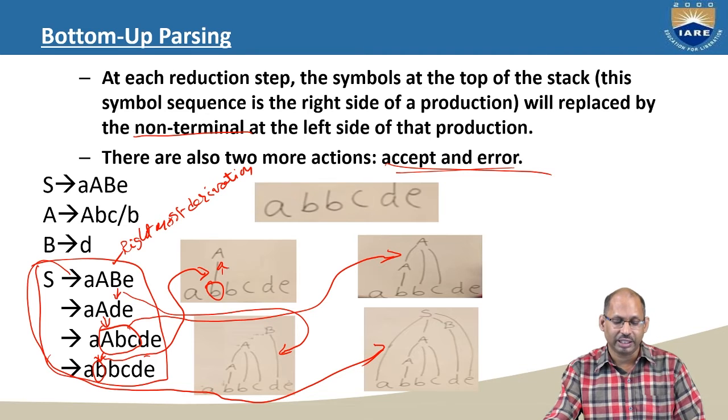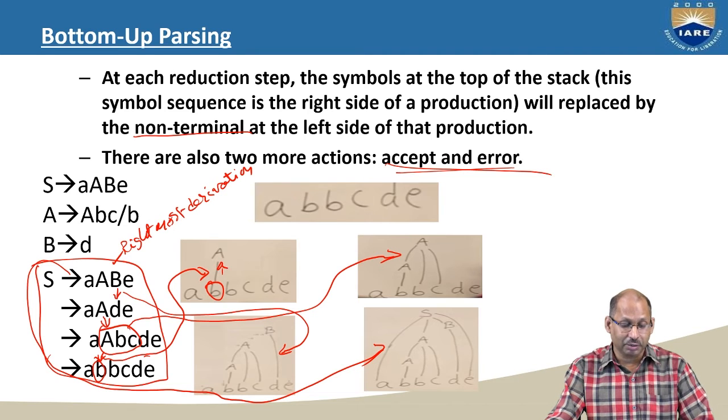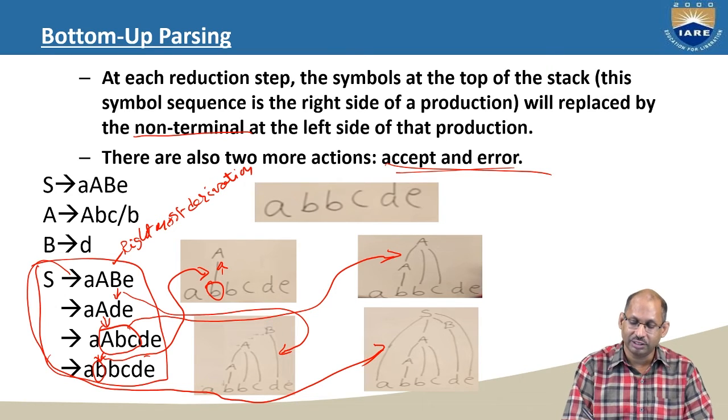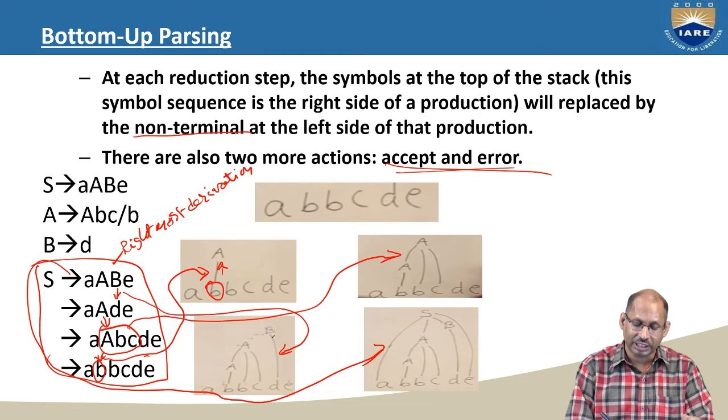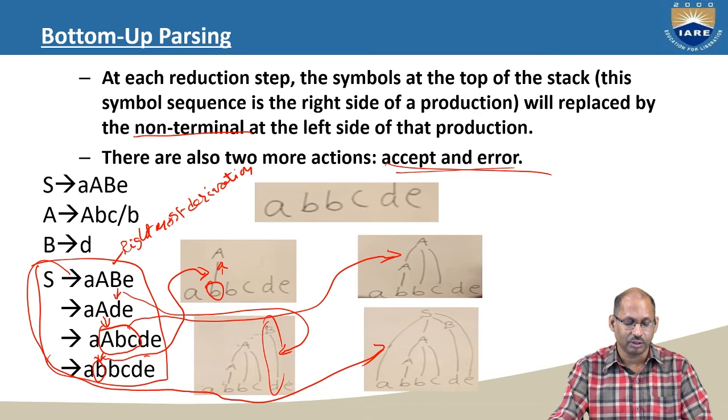Then what is it? It's the substitution capital A gives capital ABC. Then the step capital B gives D. Then S gives AB, the first step.